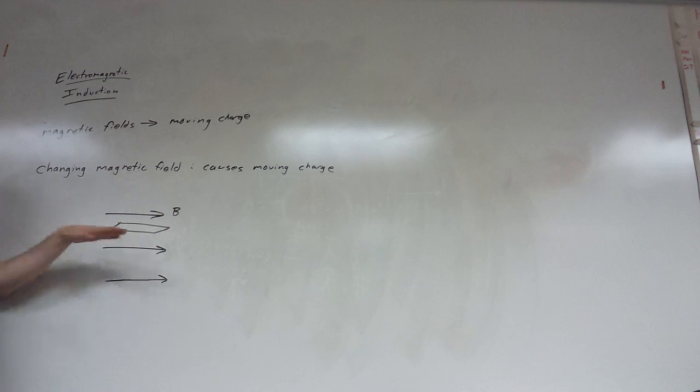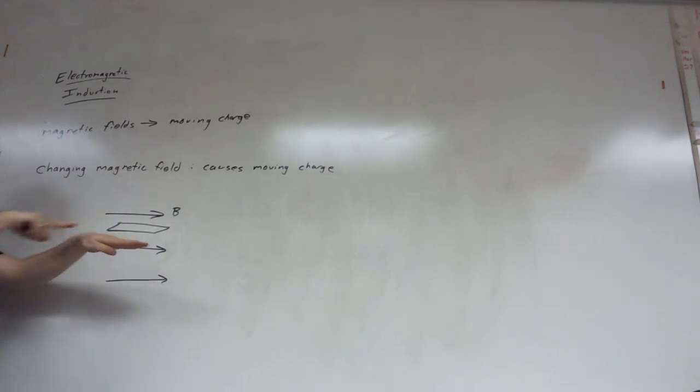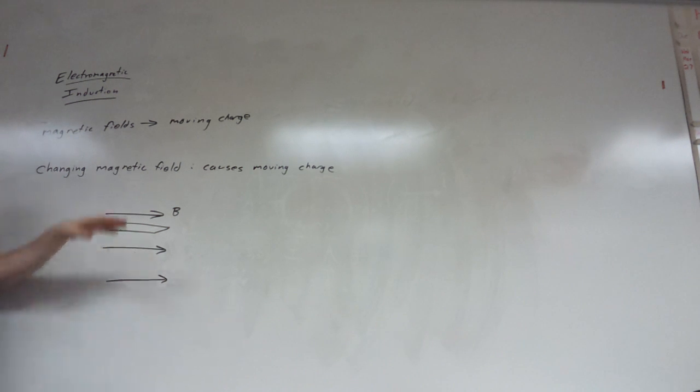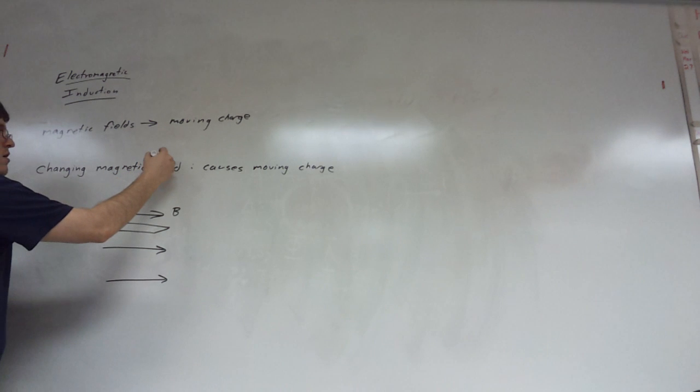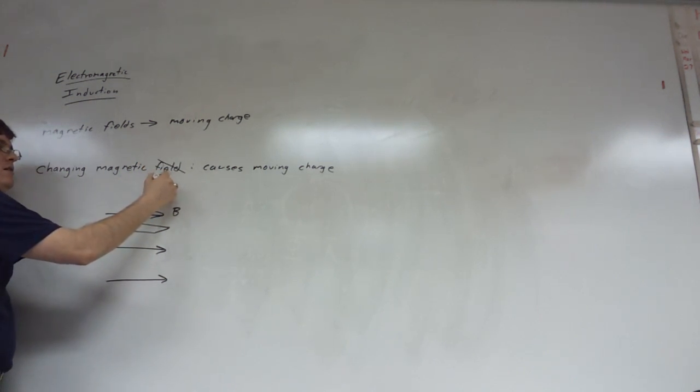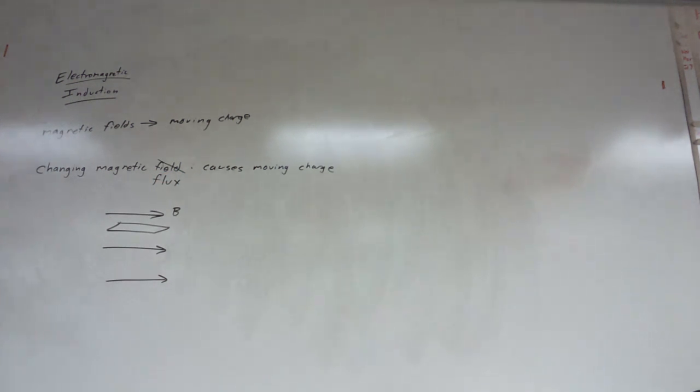It doesn't realize there's a magnetic field there because all the magnetic field lines are going parallel to it. So it's not so much magnetic field as magnetic what? Flux. Changing magnetic flux is actually what causes moving charge.